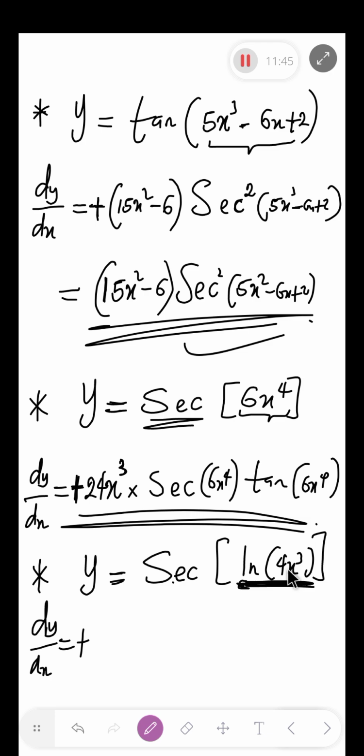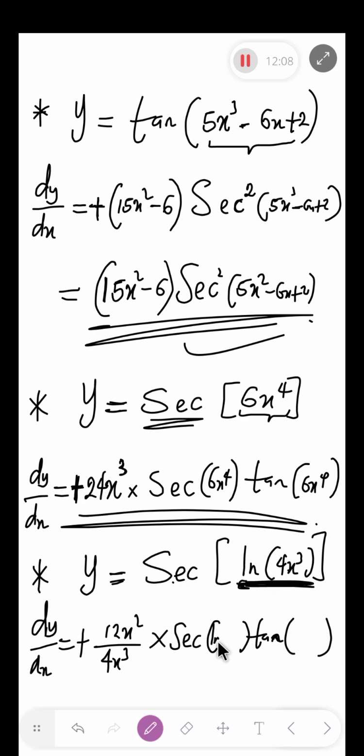You have to differentiate this one first. That's 12x squared over, repeat that function back. So I've differentiated this, times sec is the combination of sec and tan. Remember, that was the law. That was the pattern we followed. So just repeat this function inside: ln of 4x cubed. You also have ln of 4x cubed.